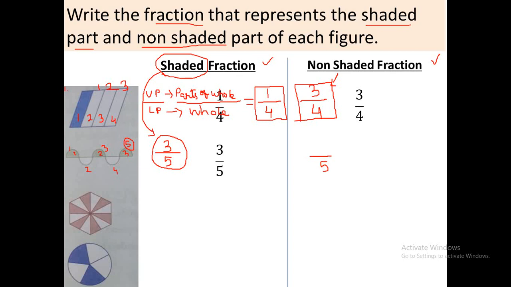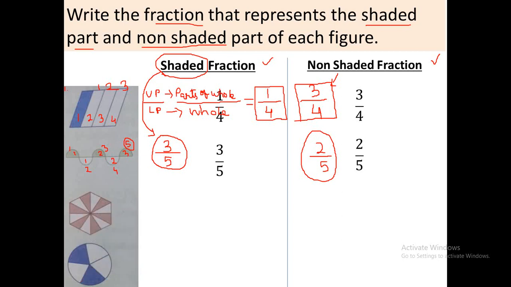Count the non-shaded parts of this figure. 1, 2. 2 semicircles are non-shaded. So I will write 2 at the upper part of the fraction. And the fraction is 2 by 5. Right? Now go to the next figure.